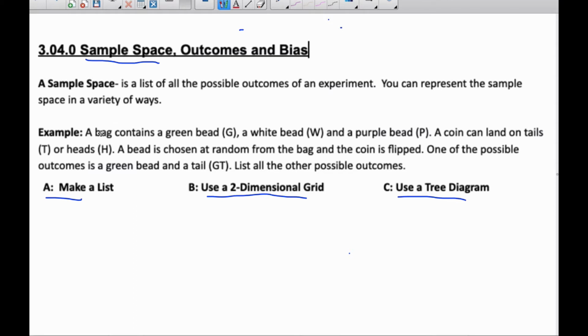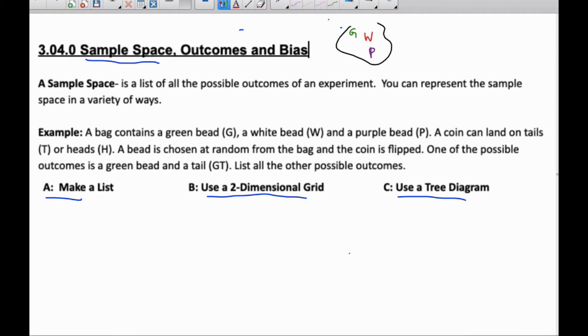So if we consider this situation here, we have a bag of green beads, white beads, and purple beads, and a coin that can land on heads or tails. A bead is chosen at random from the bag. So if you imagine I have myself a bag here, and inside my bag I have a green bead, a white bead, and a purple bead.